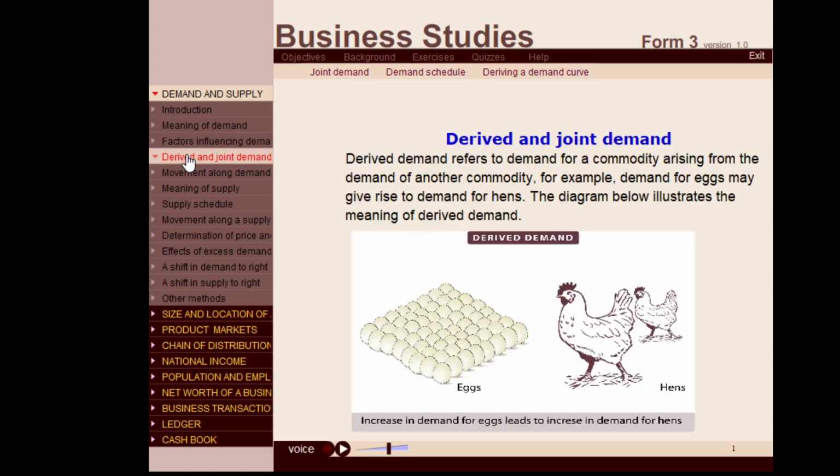Derived and joint demand. Derived demand refers to demand for a commodity arising from the demand of another commodity. For example, demand for eggs may give rise to demand for hens. The diagram below illustrates the meaning of derived demand.